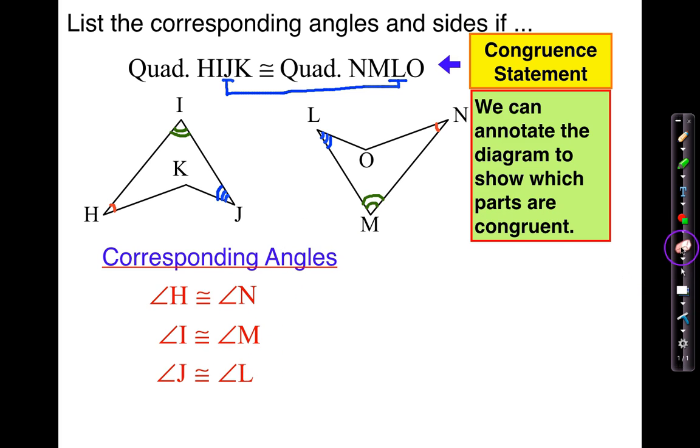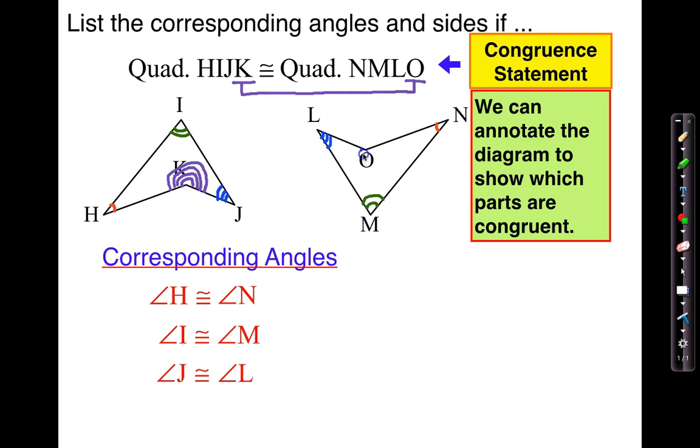Now we just have one last letter, so let's get to that. Notice here is the very last letter, so I'm going to say angle K is congruent to the very last letter in this congruent statement, which is O. So I've used one, two, three. Let's go ahead and put four. So we have one, two, three, four. Kind of looks like a rainbow there.